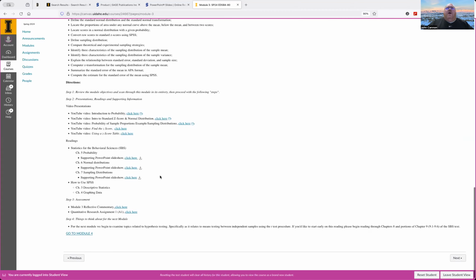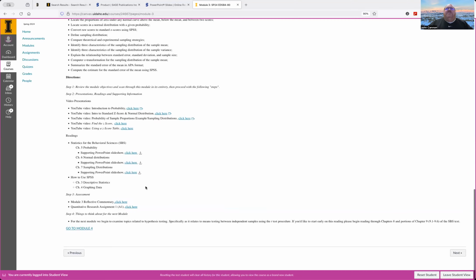The readings from Statistics for the Behavioral Sciences are chapter 5 on probability, and there's also the supplemental PowerPoint. Chapter 6 on normal distribution, and also the supplemental PowerPoint. And then finally, chapter 7, sampling distributions, and there's also the supporting PowerPoint. And for how to use SPSS, chapter 3 on descriptive statistics, and chapter 4 on graphing data.